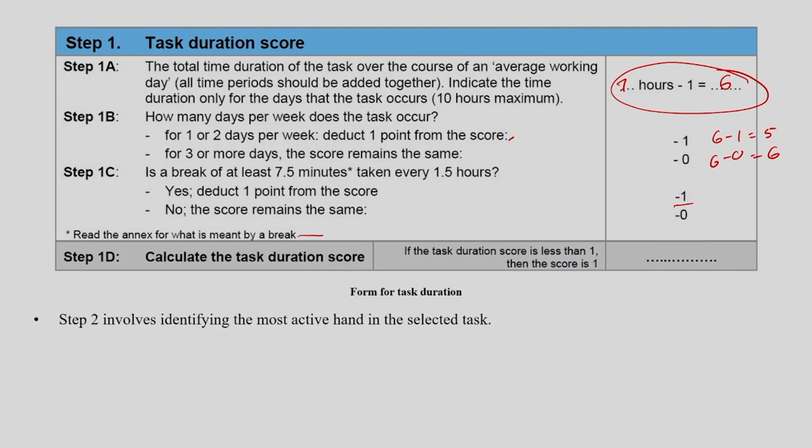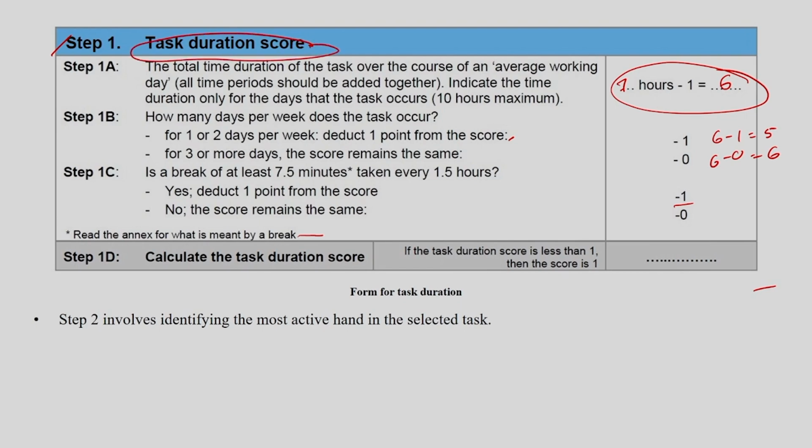Then the final is step D, which says to calculate the task duration score. If the task duration score is less than 1, then the score is 1. So you have to get this value. This is step 1, that is the task duration score.